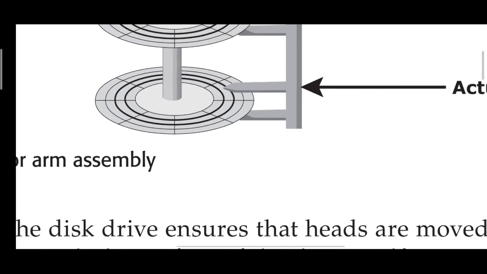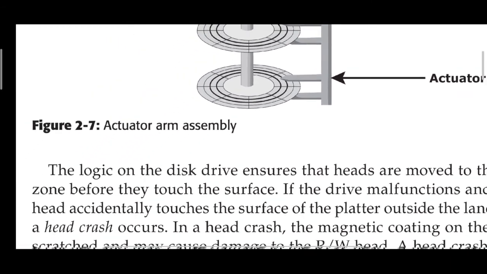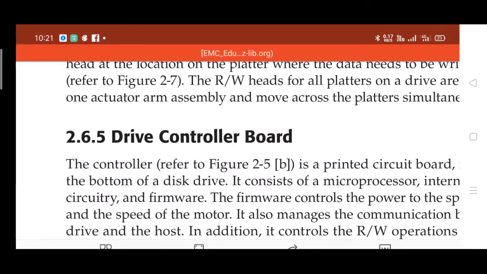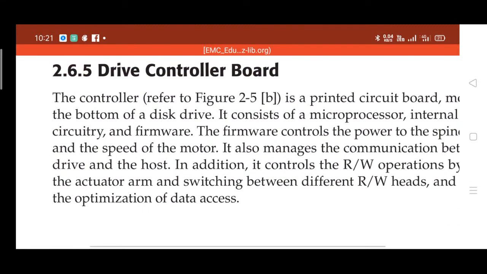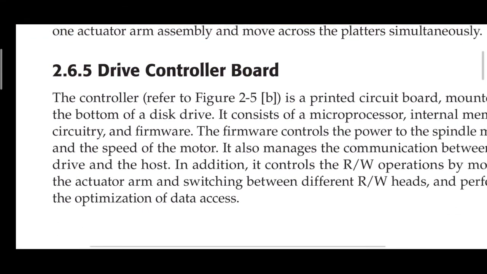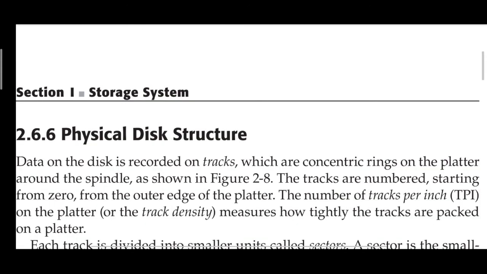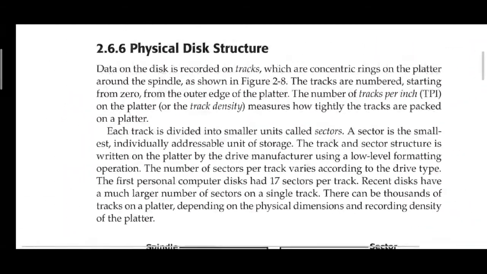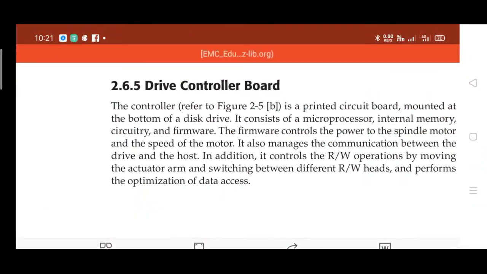This is the principle it follows. Okay, all this is controlled by the drive controller board. The read write head, actuator arm assembly and all are controlled by the drive controller board.